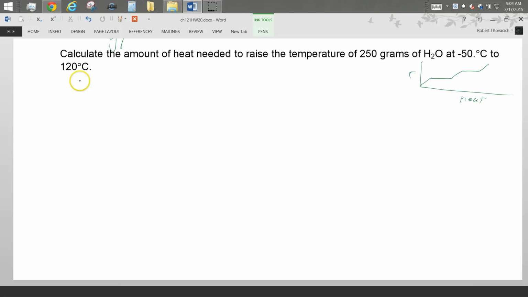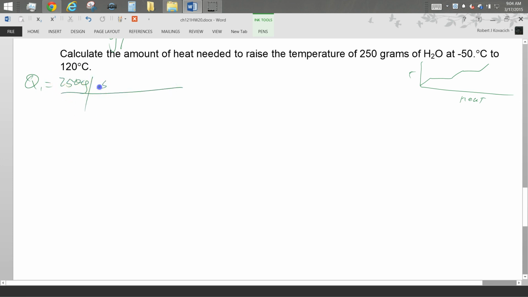So the heat for this one, the Q, I'll call it Q1, is going to be the mass, which is 250 grams, times the specific heat, which in this case is a half a calorie per gram degree C, which is also out of the notes. And what's the temperature change?